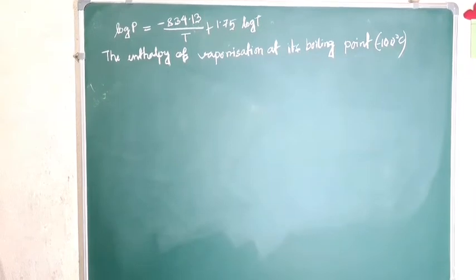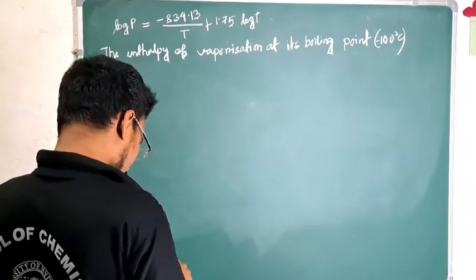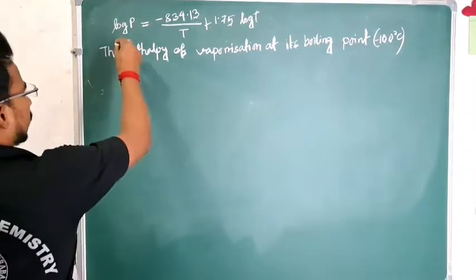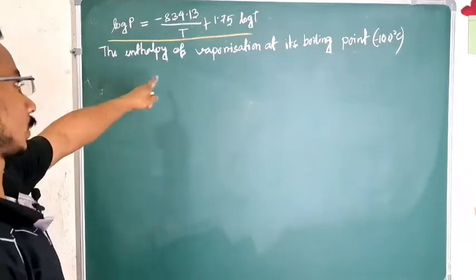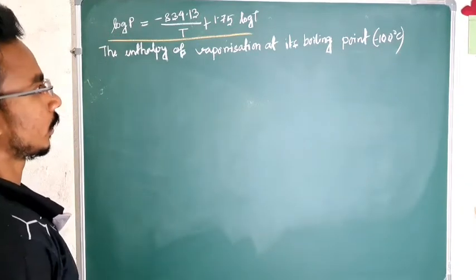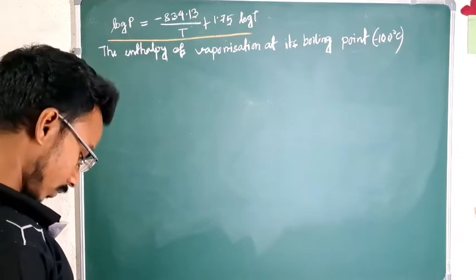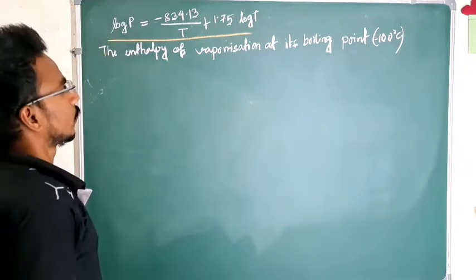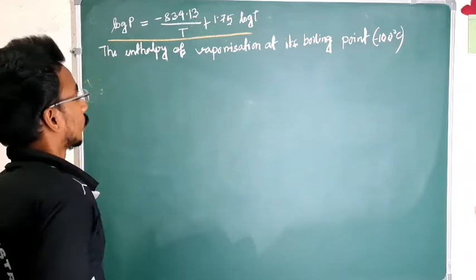Okay, so moving to our next question. You can see that an equation for log P is given, and we have to calculate the enthalpy of vaporization at its boiling point at minus 100 degrees centigrade. After seeing this equation, which equation are you relating it to?